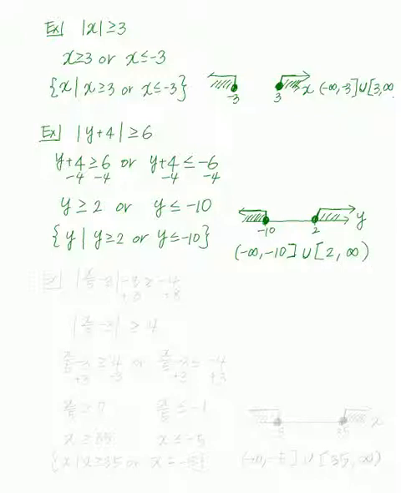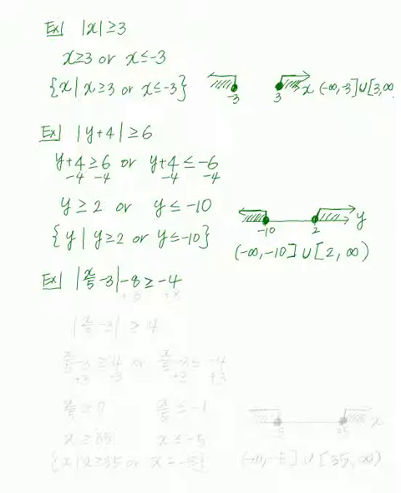Our last example is going to involve some fractions. We'll be okay. Absolute value of x over 5 minus 3, closed absolute value, minus 8 is greater than or equal to negative 4. All right.